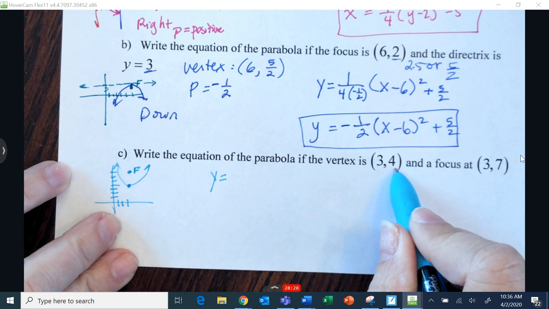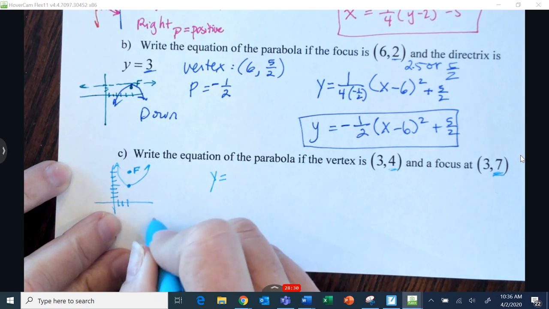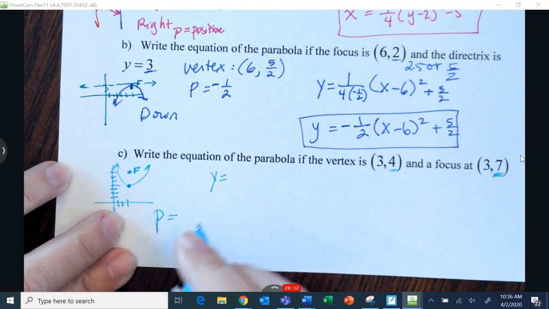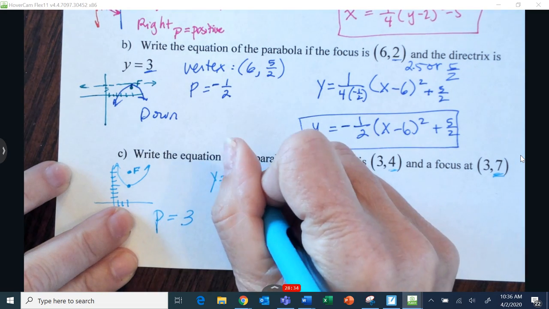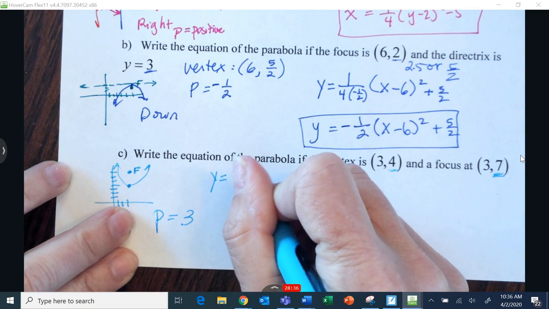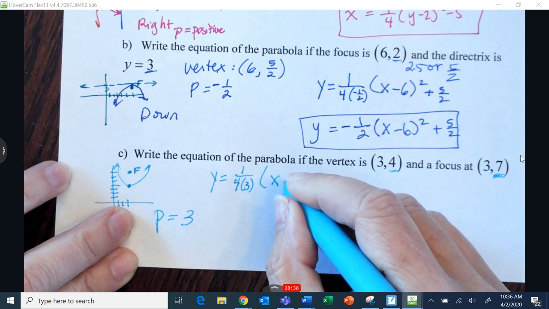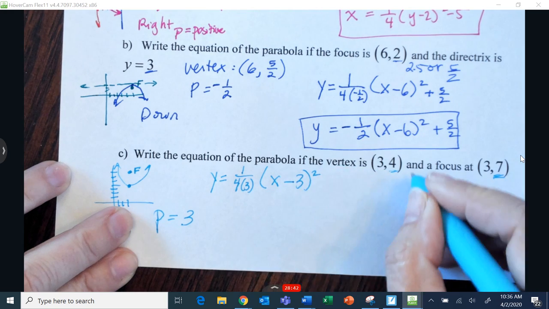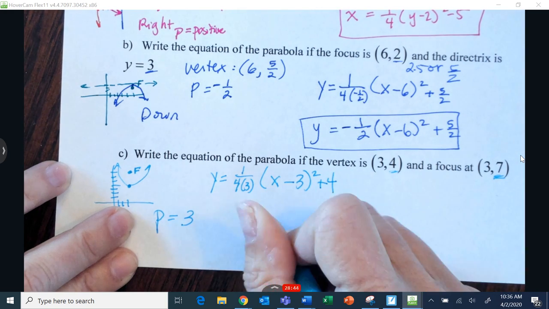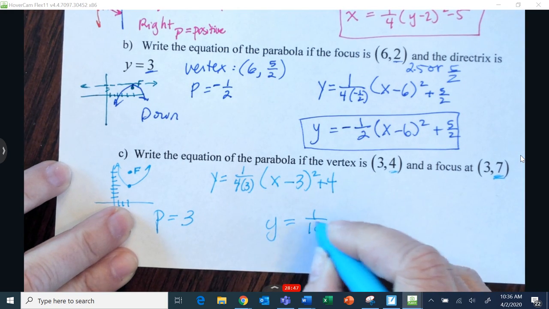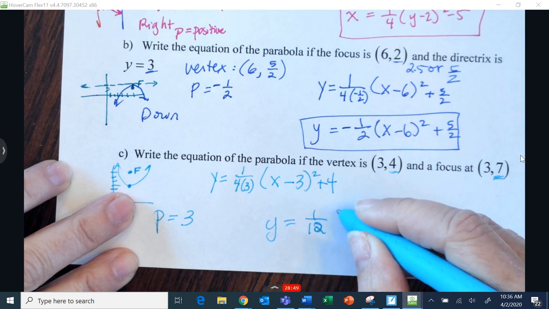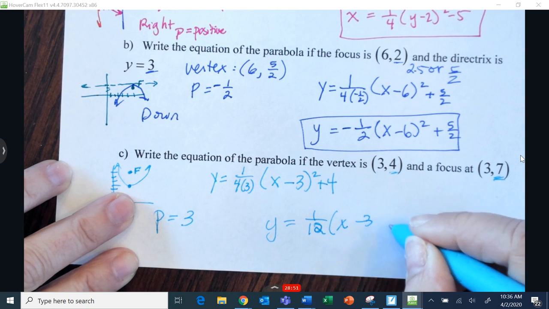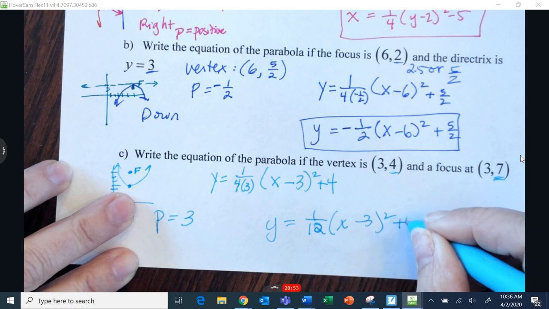The difference between 3, 4 and 3, 7 is our p-value, so p is 3. We're going to do 1 over 4 times 3, times (x minus 3) squared, plus 4. So y equals 1/12 (x minus 3) squared plus 4. Ooh, that was ugly.